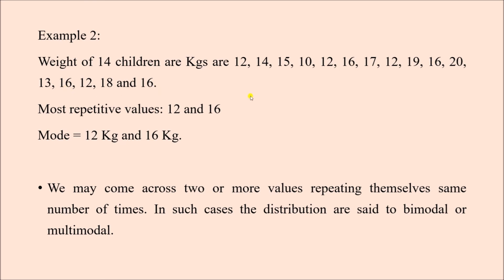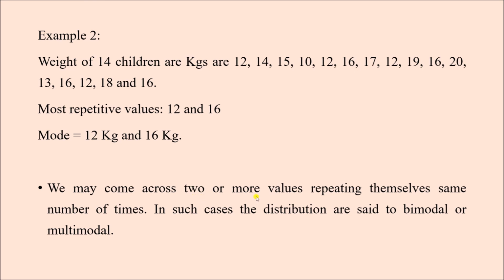So as you can see, in this given data set of 14 observations, value 12 has repeated itself 4 times, value 16 has repeated itself 4 times. So for this data, both 12 kg and 16 kg will be my mode. So here we have two values and two modes.